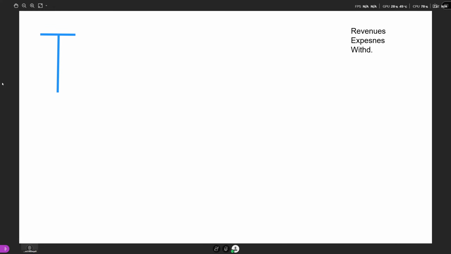So revenues, and I have expenses, and let's say that we have withdrawals. So each item would definitely have an account. Revenues, let's say, as an example, I have revenues worth of 10,000.